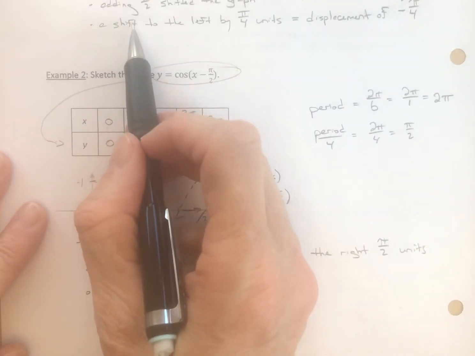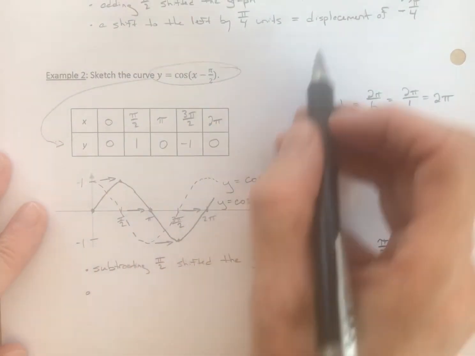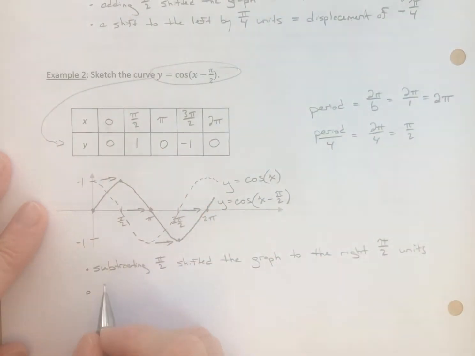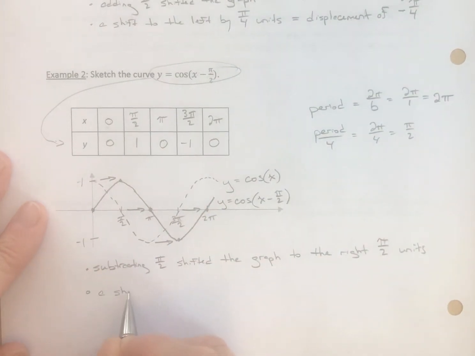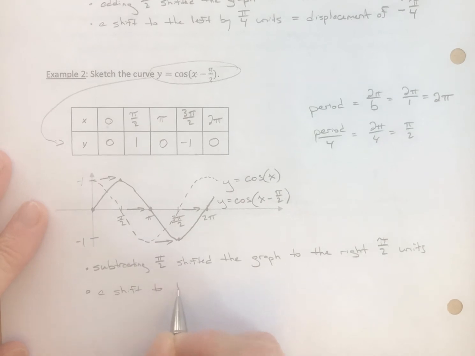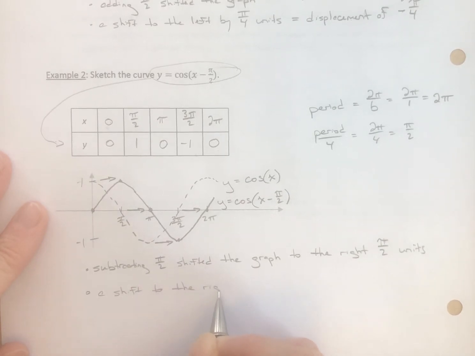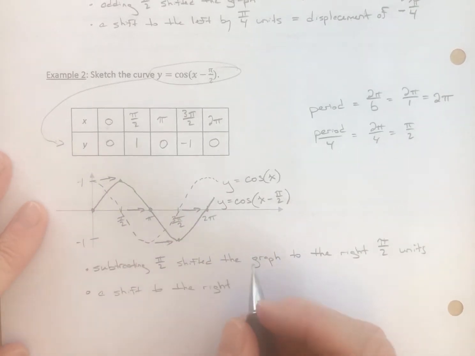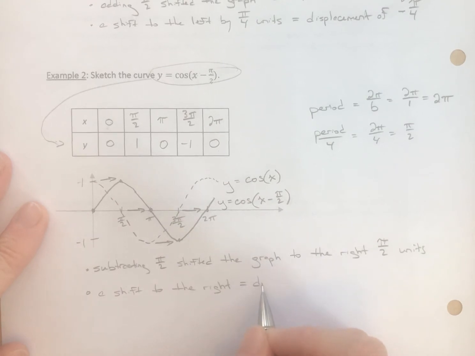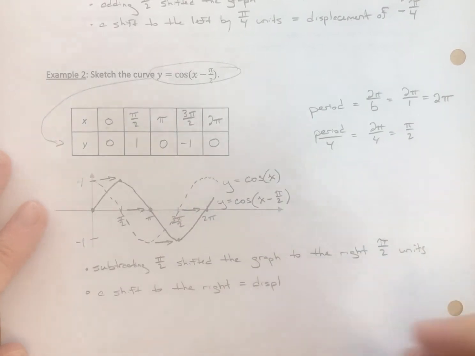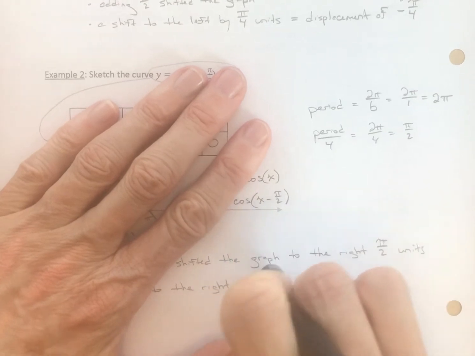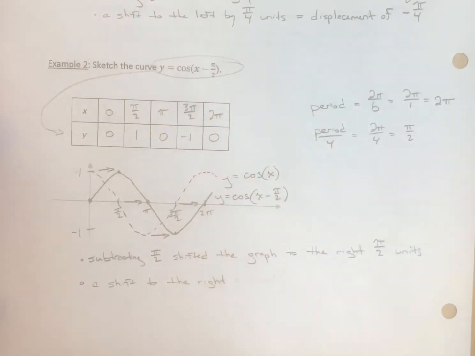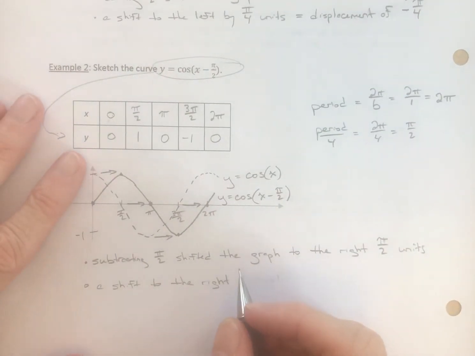Okay, like up here, a shift to the right is going to be a displacement of positive. So a shift to the right, which is what we had here, equals a displacement. Whoops, a shift to the right. Let me erase that. I might get my phone to stop wiggling.